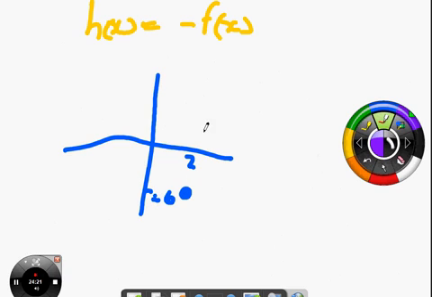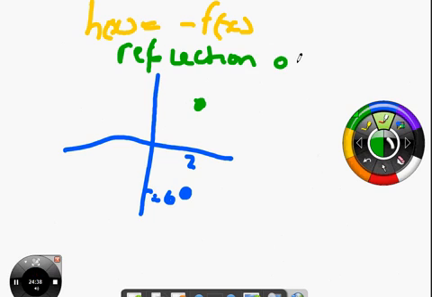The minute I reflect it, that point will become 2, positive 6. So in other words, we are reflecting on the x-axis. So for this one, it's a reflection on the x-axis.